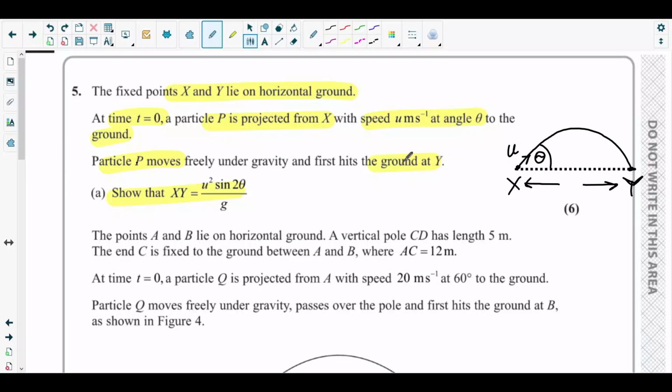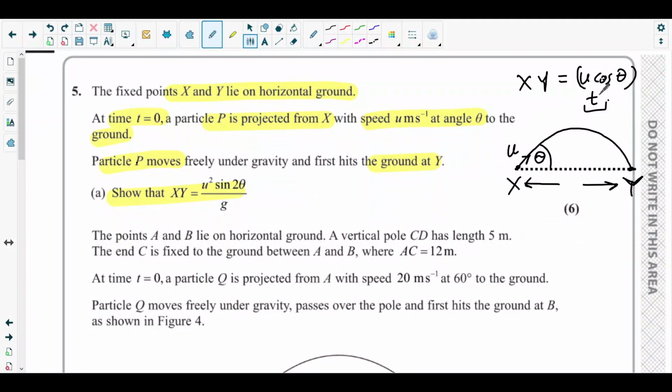Now we know that the distance xy can be found easily using distance equals vt, where v is the horizontal component of speed, that is u cos theta. So u cos theta times t, where t is basically the total time of journey of the particle.